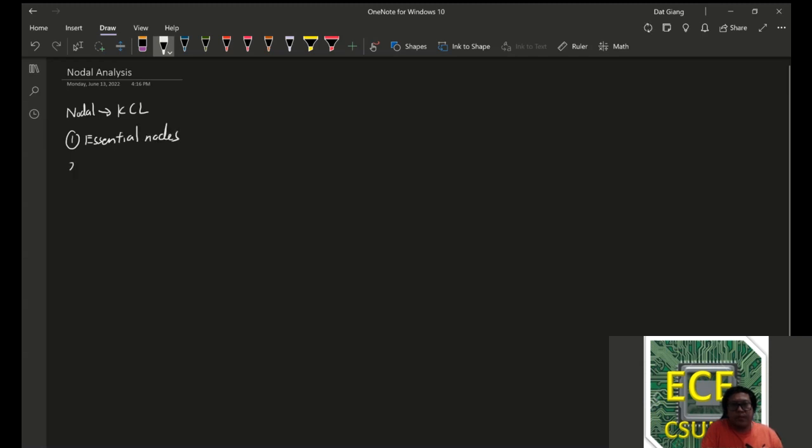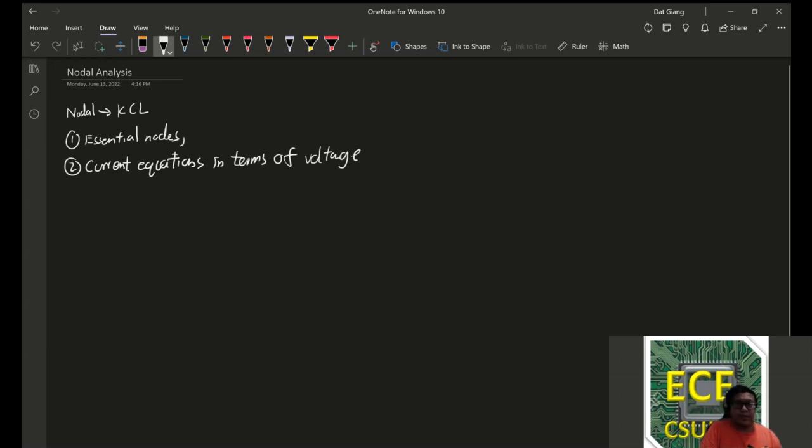From there, we're able to write current equations in terms of voltage. And equivalently, we could find values for current if it's needed.